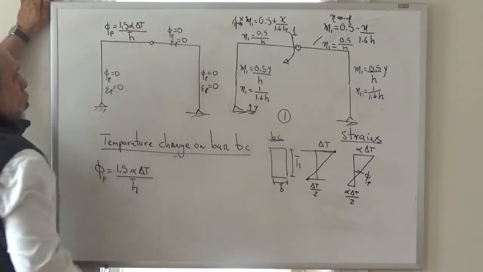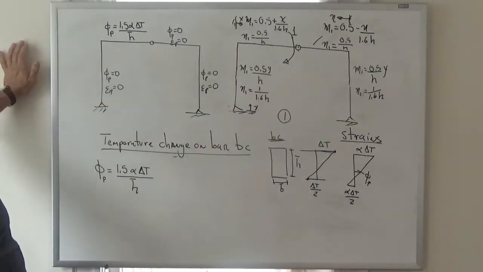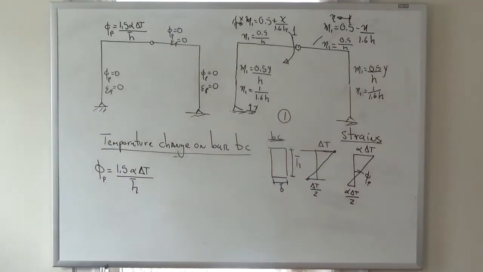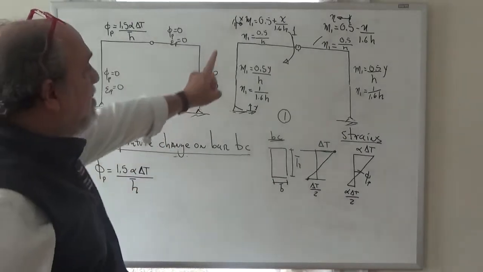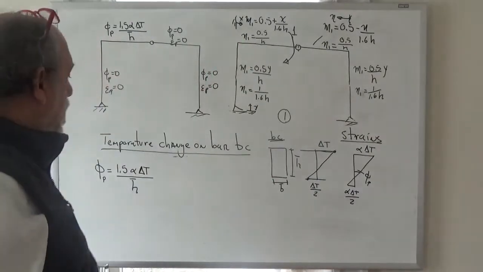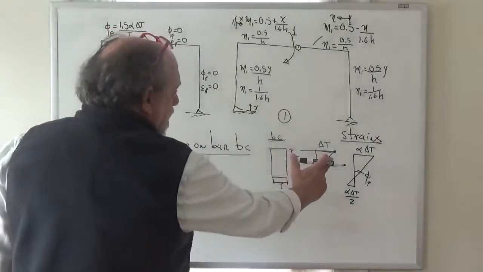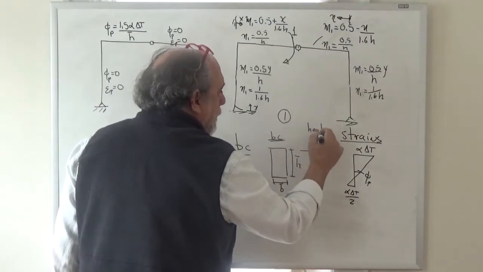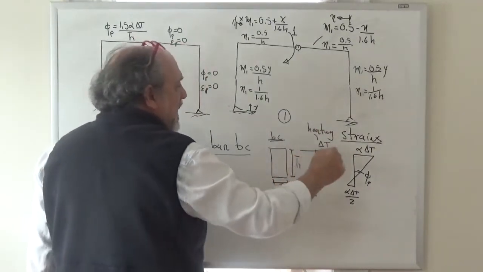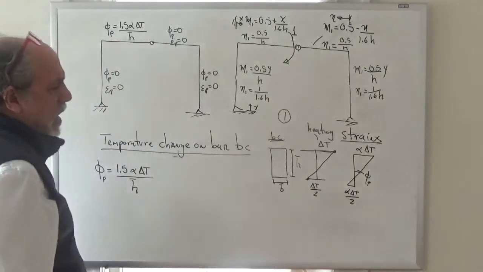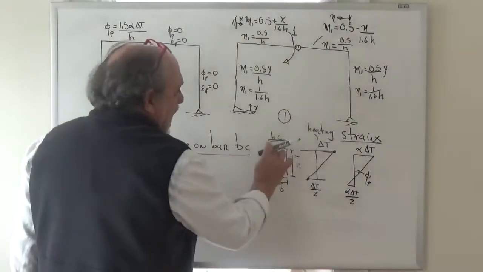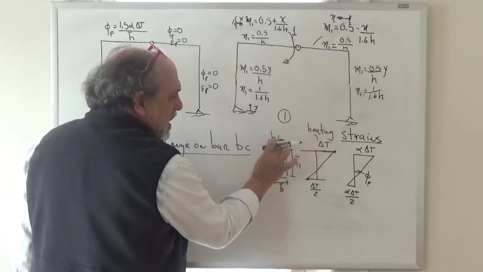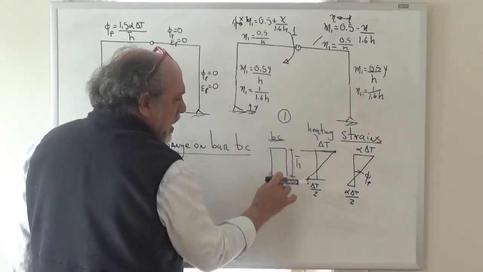A question that arises now is whether that is a positive or a negative curvature. Well, that depends on what is the sign convention that we did on our 1 kip load. We can see from here that this temperature distribution, this is heating, right? So we are heating the top and cooling the bottom. The strains on the top of the section are positive, meaning the top is elongating and the bottom is shortening.